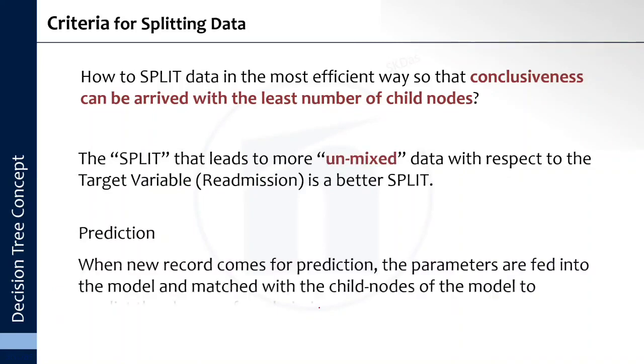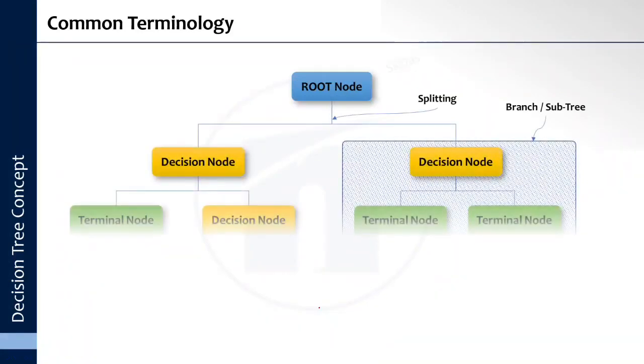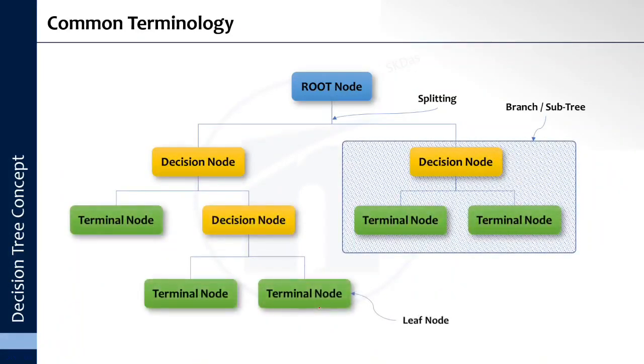Now let us understand the common terminology about the leaf node and decision node. If we denote the data set to be at the root node, each split generates sub-branches just like a tree, an upside down tree. You remember the first picture?